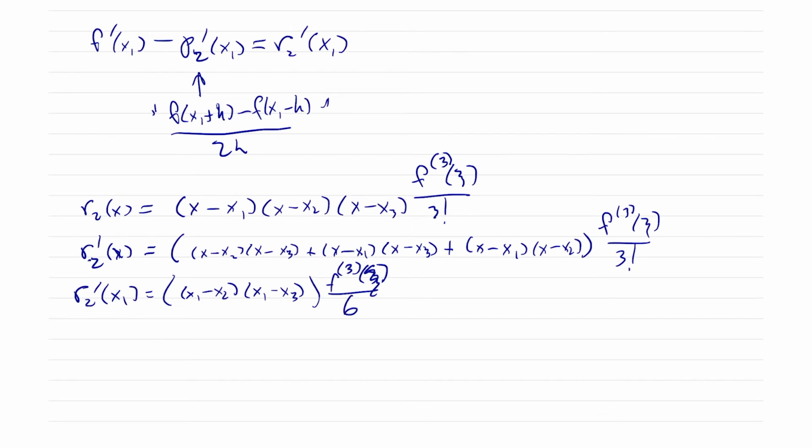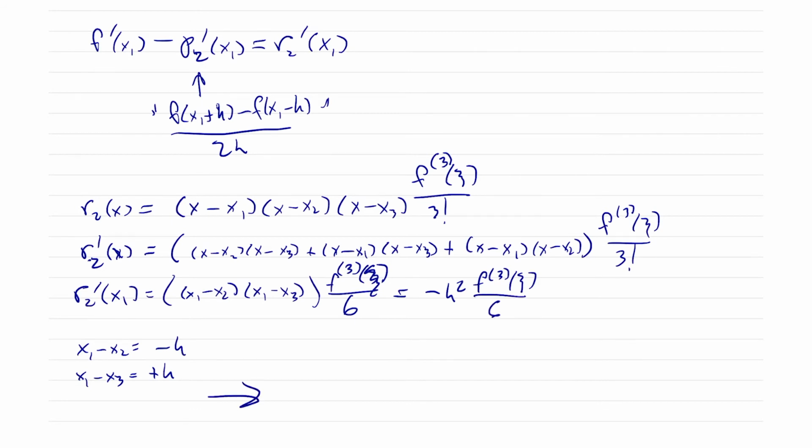All right, but x1 minus x2: x1 was just x1, and x2 is x1 plus h, so that's going to give us minus h. And we're going to have x1 minus x3, which gives us a plus h, because x3 was x1 minus h. So this is going to be minus h squared times f cubed at xc, divided by 6.